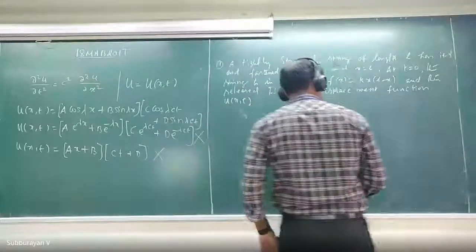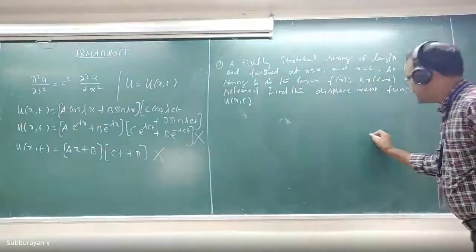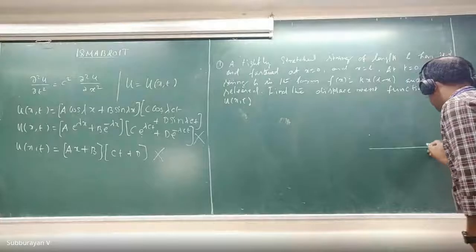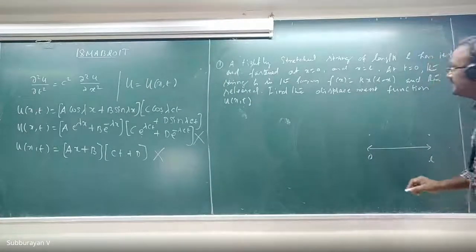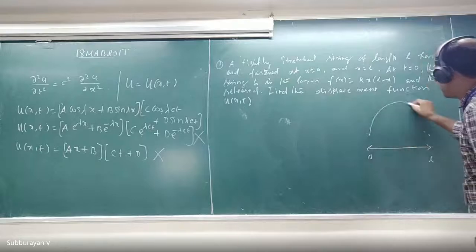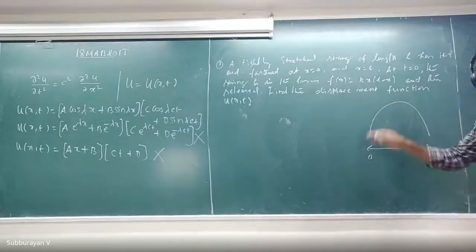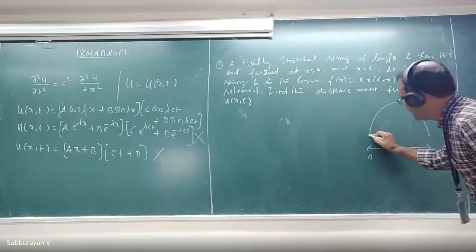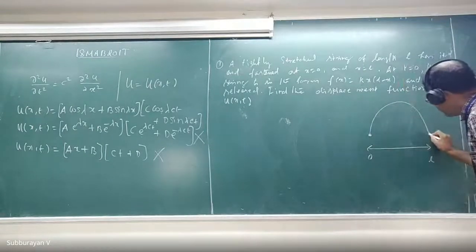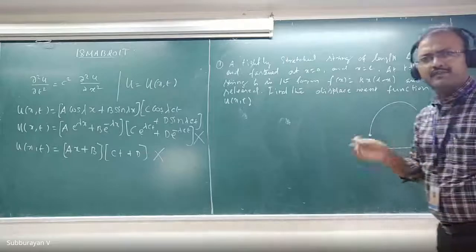See, the geometry will be like this. This is the length of the string L. This is 0 and this is L. Initially the string is in the form like this, and then the string is kept fixed at this point as well as this point. These two points are fixed.